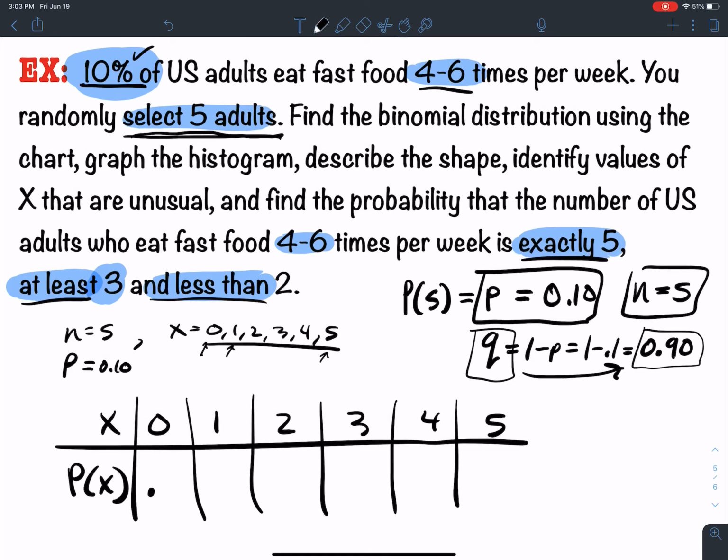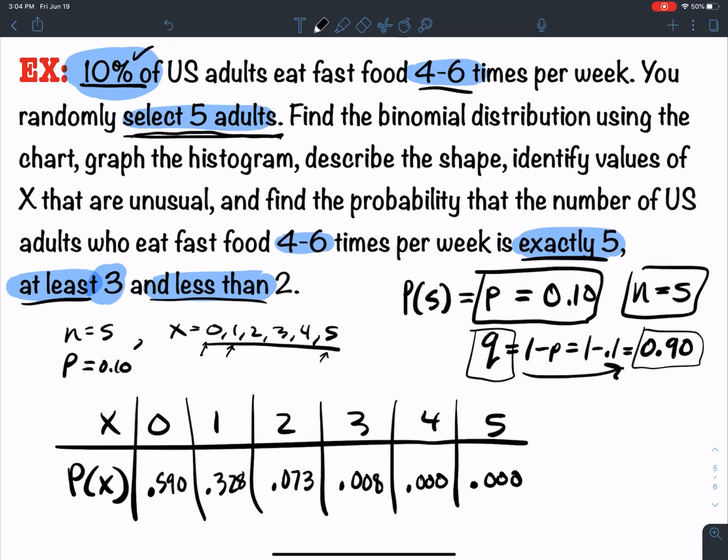So at 0, I have 0.590. At 1, I have 0.328. At 2, I have 0.073. At 3, 0.008. At 4, 0.000, and 5, 0.000.